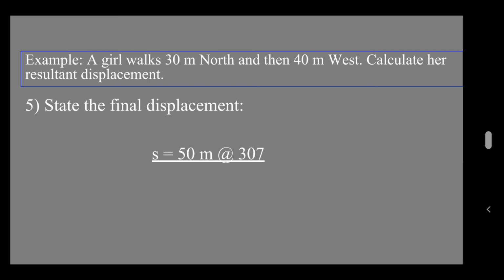That would be worth like 2 or 4 marks. And then you'd be asked to calculate things like distance, speed, and then velocity. If you're finding out velocity, you would need to use the displacement you just found out, plus then adding in the direction that you just found out as well, because remember, velocity is a vector.